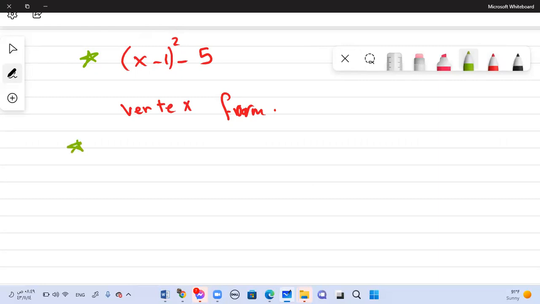In vertex form, I will ask you in the exam, inshallah, to find the domain, range, vertex, and axis of symmetry.